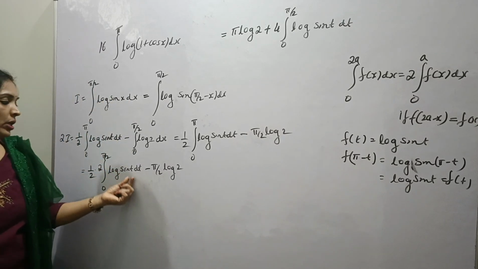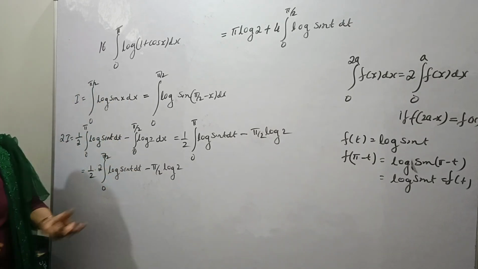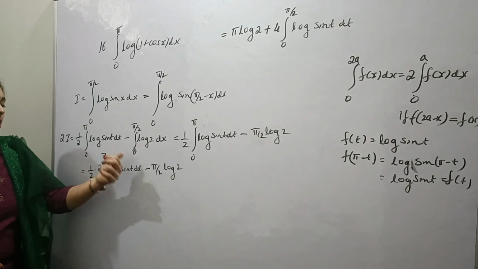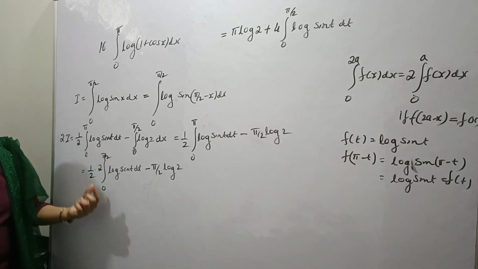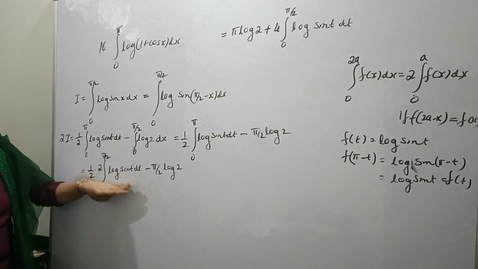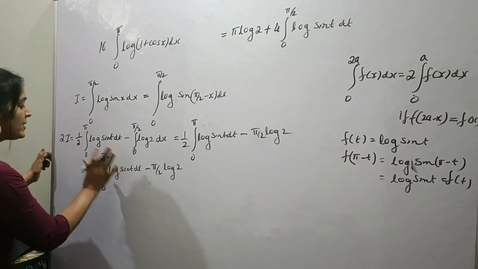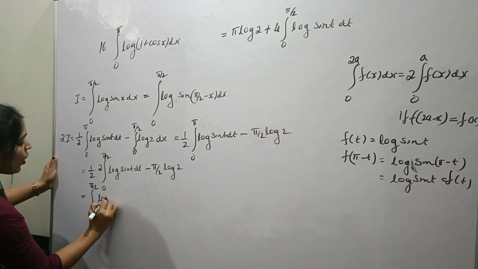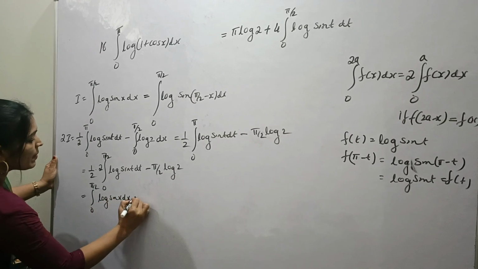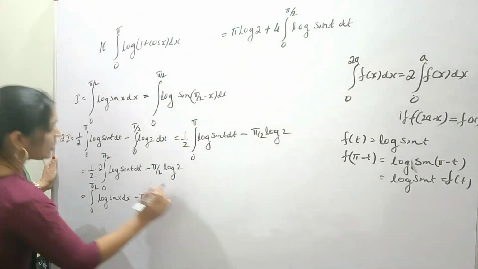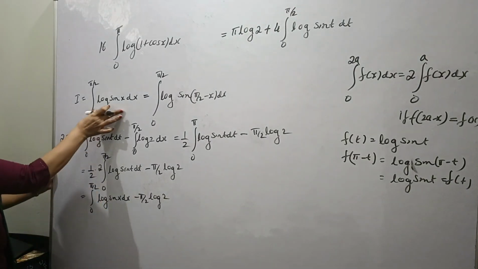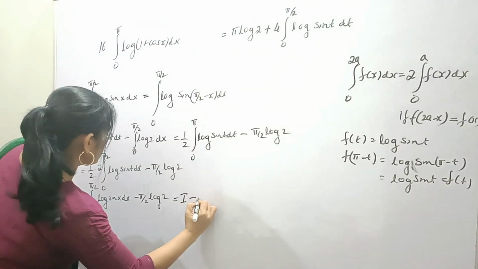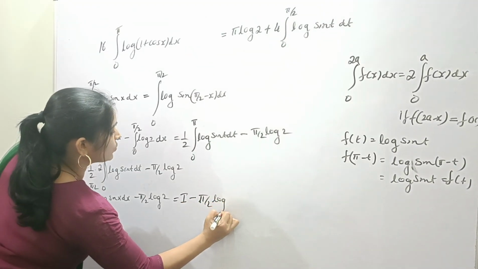If you just put t is equal to x, you will get the same integral, log sin x dx, and the limits are also the same, 0 to pi by 2. So it is nothing but, the 2 cancelled, integral 0 to pi by 2 log sin x dx minus pi by 2 log 2. What is it? It's nothing but our I. So I is equal to I minus pi by 2 log 2.